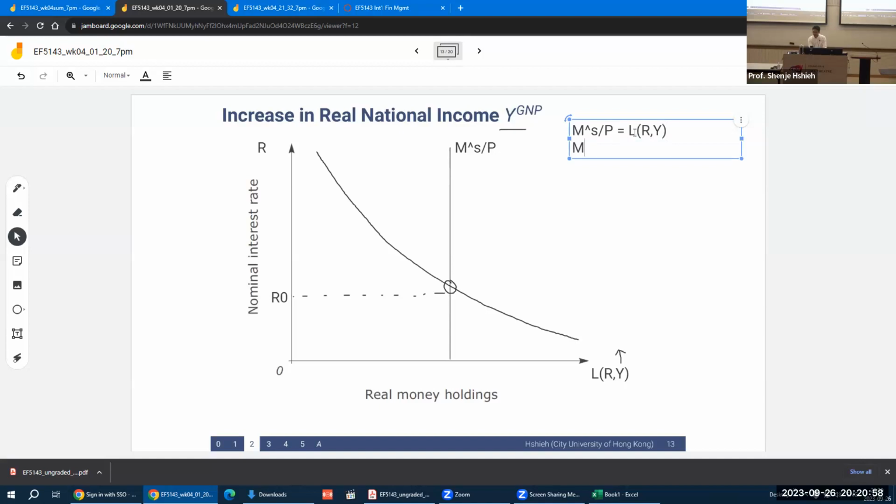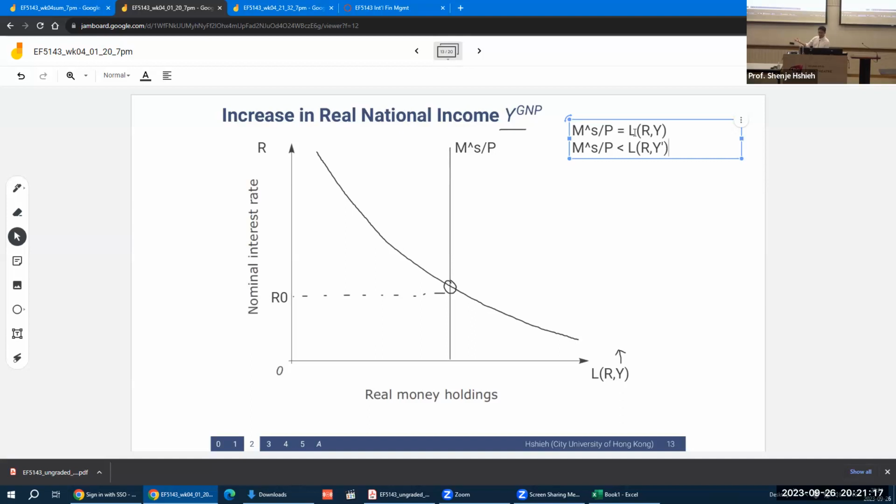If we increase Y, I already gave you the answer. L is going to increase. Agree? So I'm going to call this Y prime. When you have higher income, the intuition is more income, more liquidity demand.